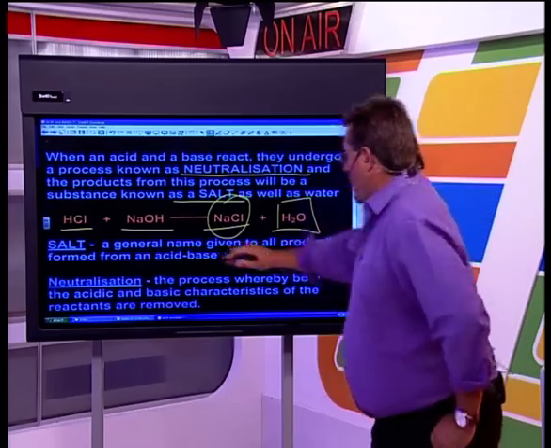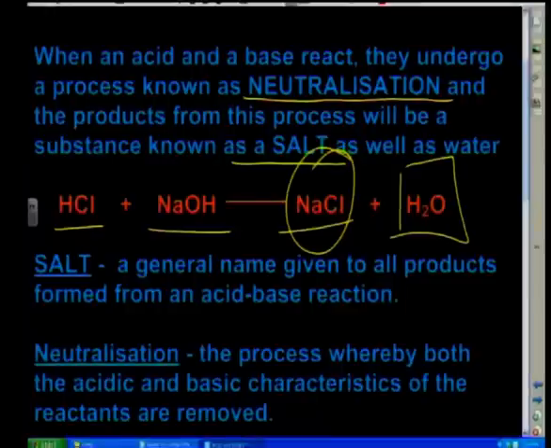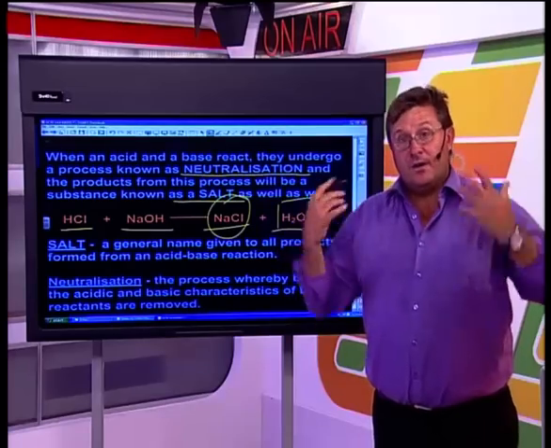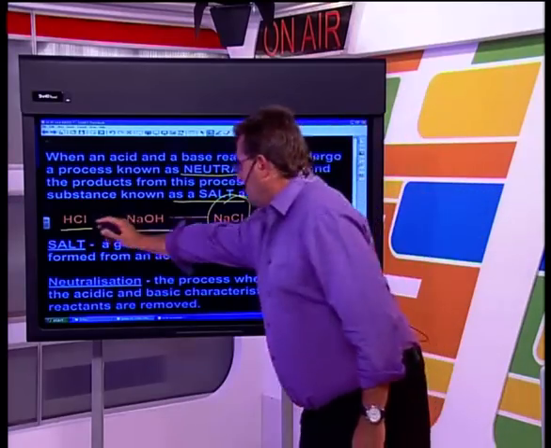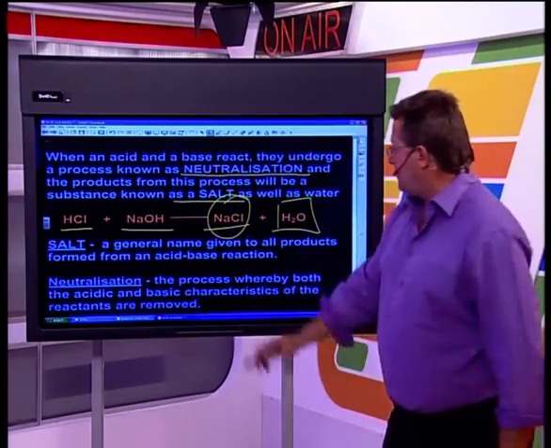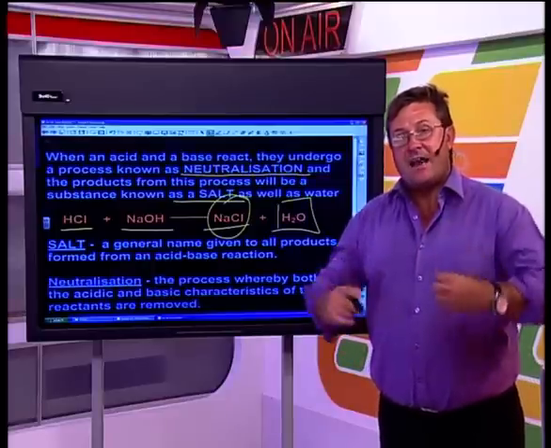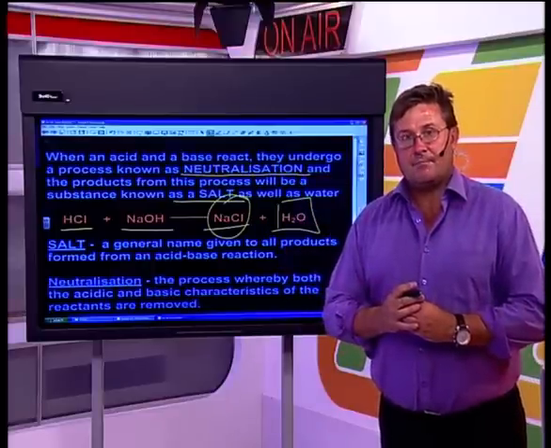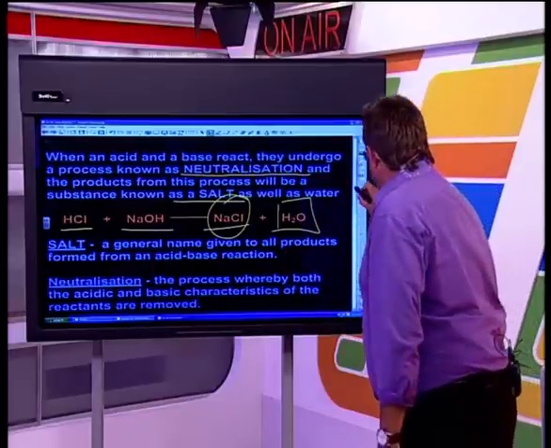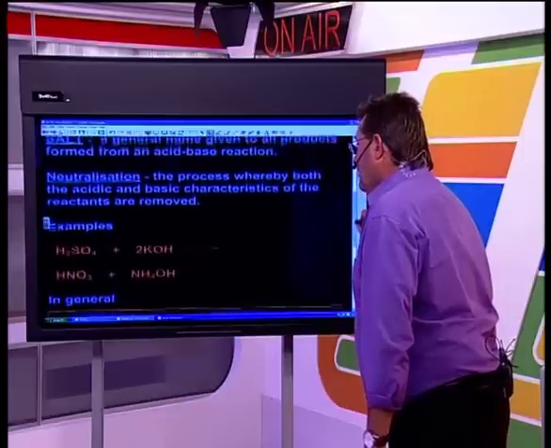Okay? Because what is a salt? A salt is a general name given to all products formed from an acid-base reaction. So it's just by coincidence that hydrochloric acid plus sodium hydroxide produces sodium chloride, and that is what we define as table salt.